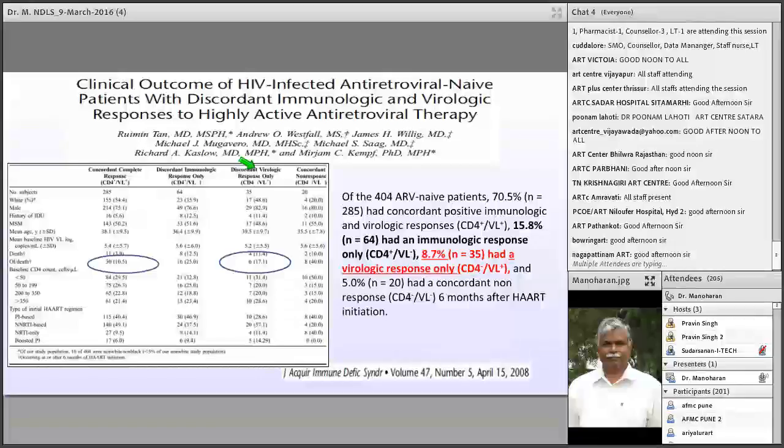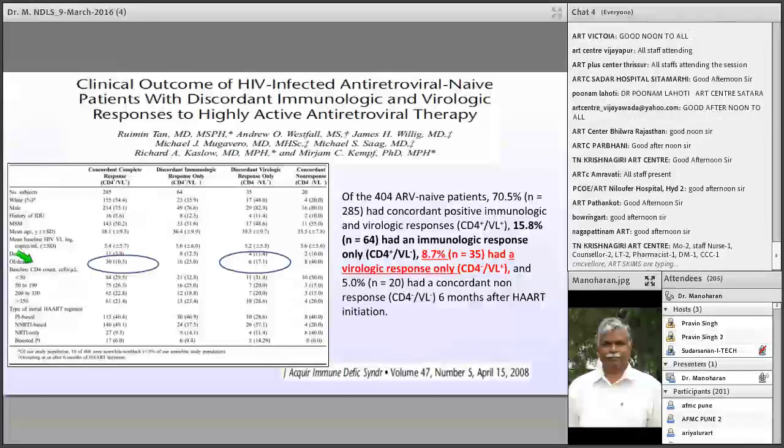So you compare this particular group and this particular group as far as death and opportunistic infection are concerned. In this particular group, it is considerably high. And the incidence rate is 8.7% with virological response only, among these 404 ARV naive patients who were started on antiretroviral therapy.